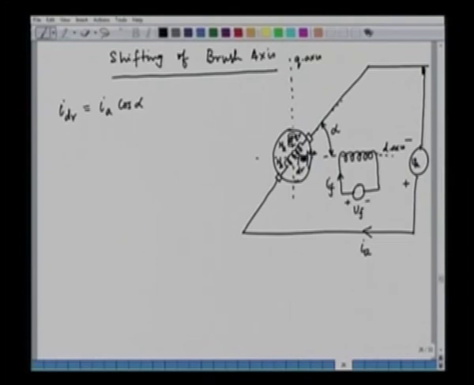So, this is IA cos alpha, and IQR is equal to IA sin alpha. We are talking about the shifting of the brush axis, with IDR equal to IA cos alpha and IQR equal to IA sin alpha, and this is the D axis stator winding DS. So, we can also say that IDS is equal to IF.